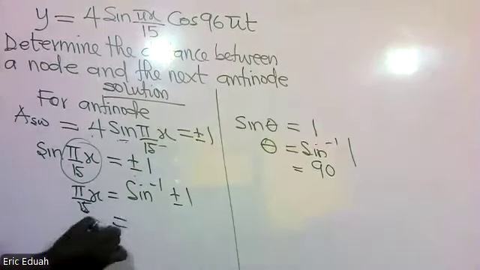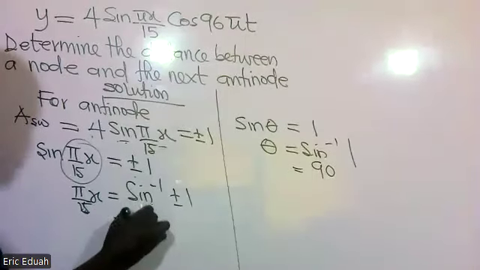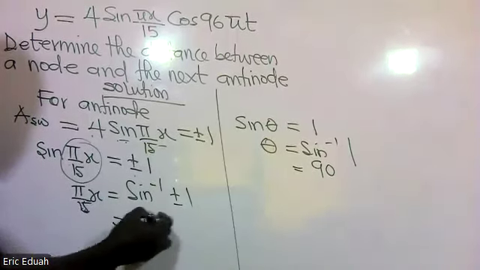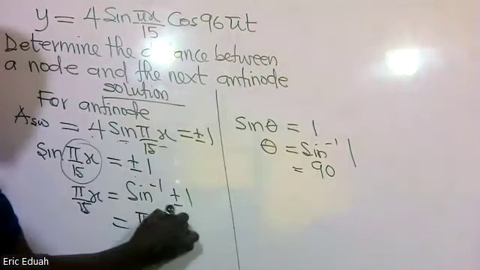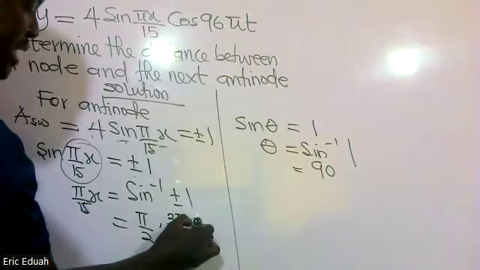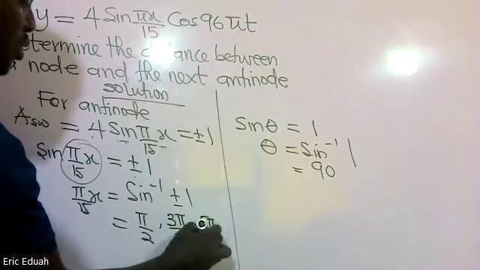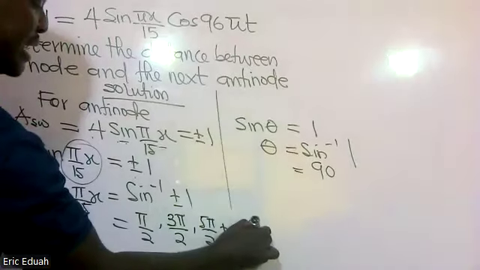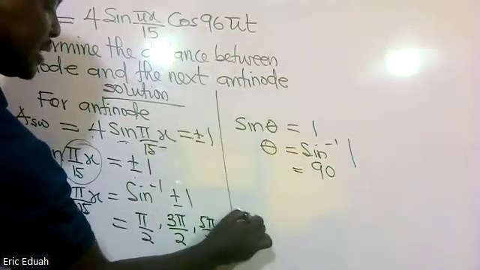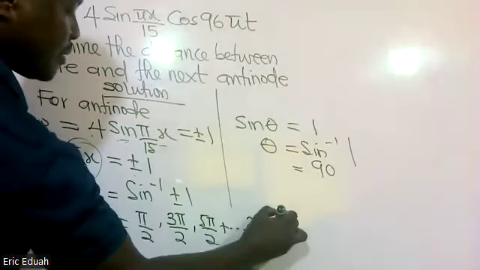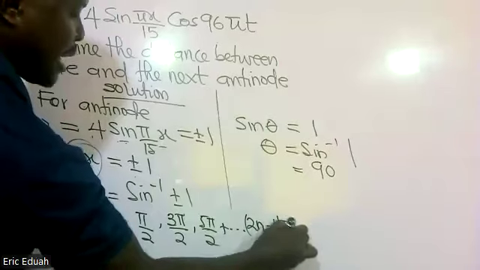So we have 90, which is pi on 2. I think 270 would also do, which is 3 pi on 2. The next will be 5 pi on 2. So generally, the angles will be 2n minus 1 times pi on 2.